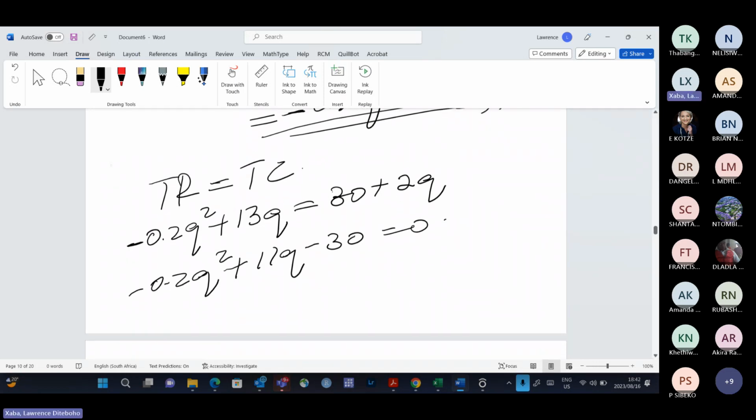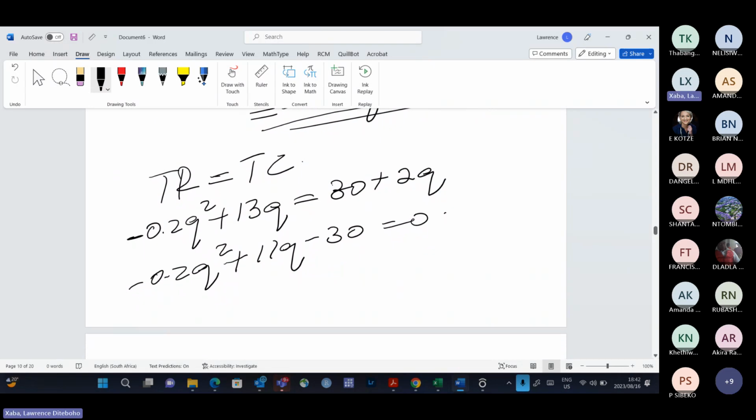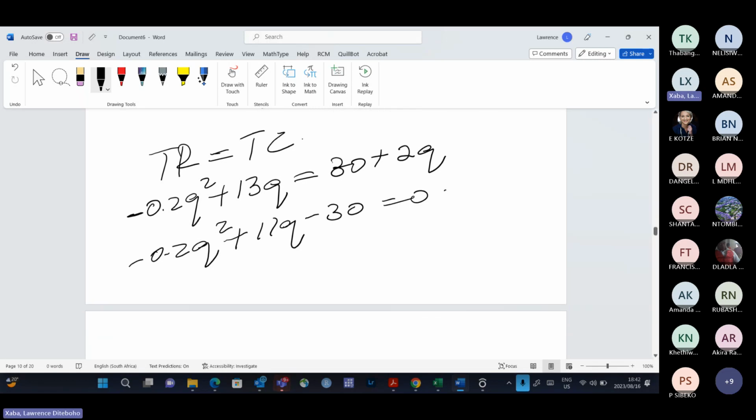So this is our function, but we're not done. We have to find our values. This is our quadratic equation, where we have our A, our B and our C.